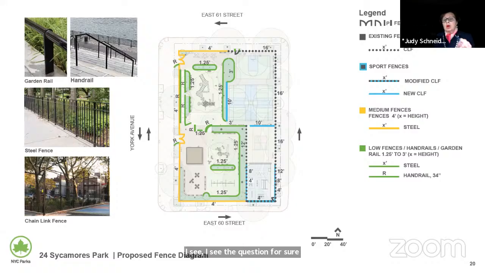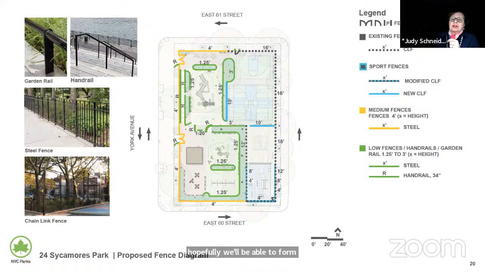And also, while we're on the fencing, if you're going to put vines anywhere, because they have a habit of growing, hopefully we'll be able to form a Friends of 24 Sycamores Park.